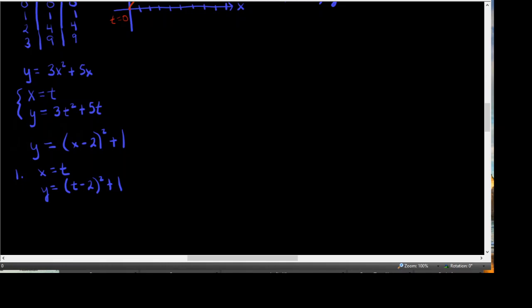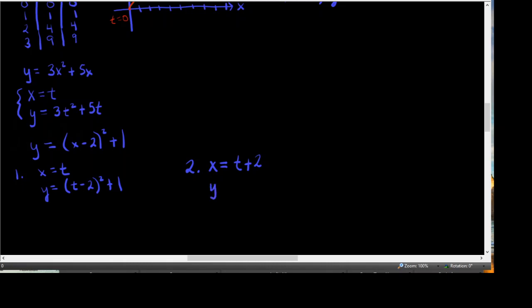You could, for example, and this is not a unique answer, I'm just making up something, but I see that t minus 2, so I'm going to do something kind of tricky here, and I'm going to let x be t plus 2. I could make x equal to anything in terms of t, but this one's going to give me kind of a cool result, as it turns out.